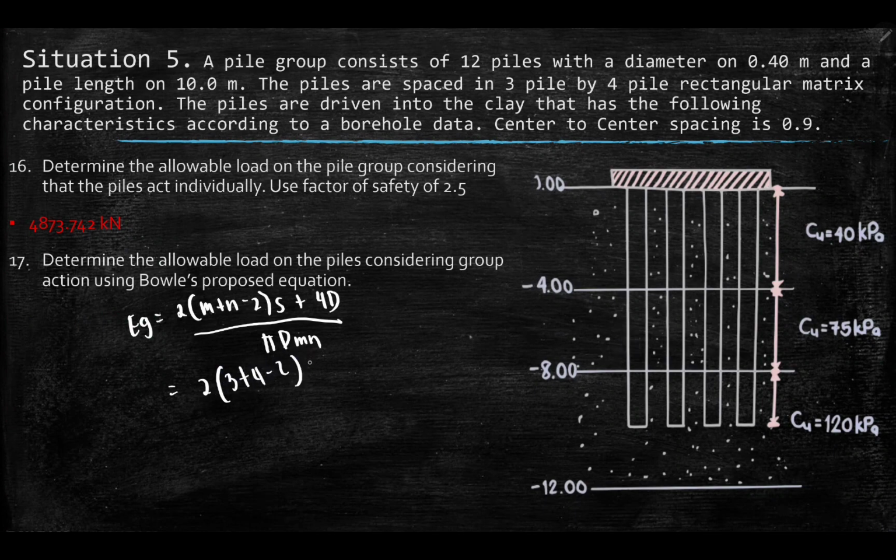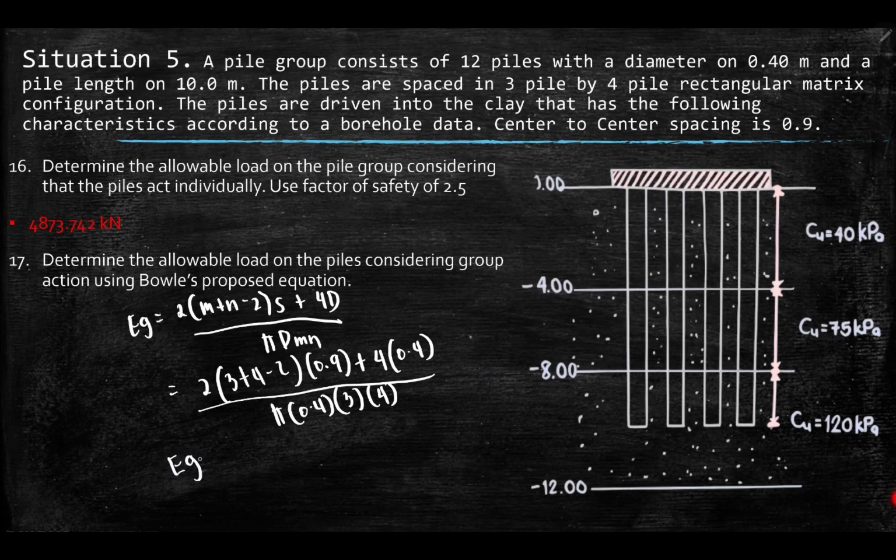And our center to center spacing S is 0.9, plus 4 times the diameter, this is 0.4, over pi times the diameter 0.4. So, hindi na kayo magkakamali dyan. EG, or the efficiency according to Bowles equation, is 70.29%.